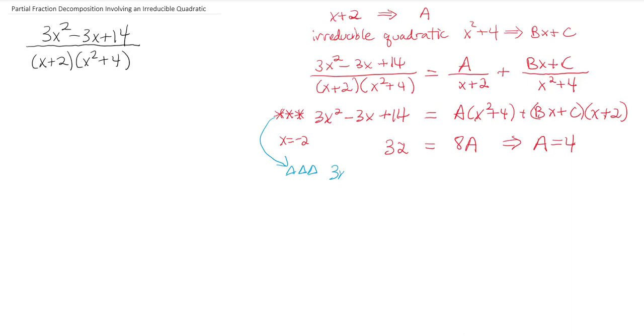Triple triangle is going to be 3x squared minus 3x plus 14 is now equal to a times x squared plus 4, plus bx squared plus 2bx plus c times x plus 2 times c. Now how is this helpful? Well, we already know a equals 4.